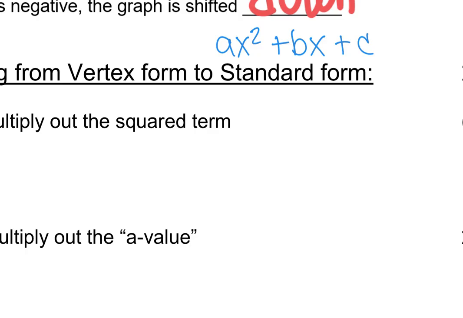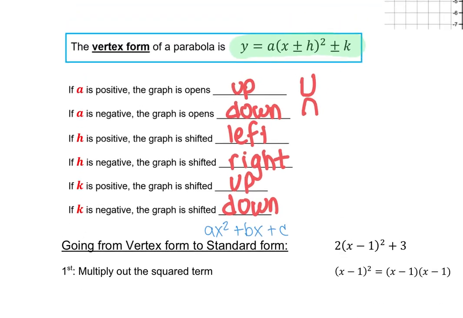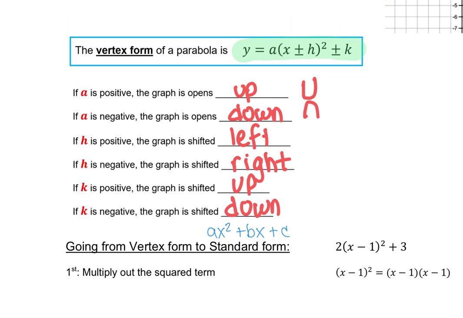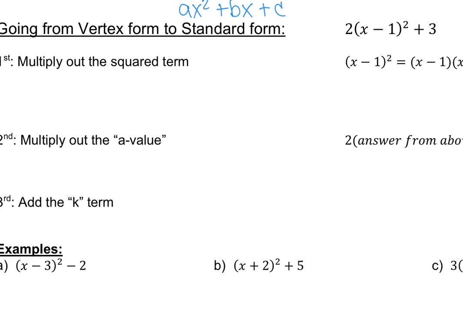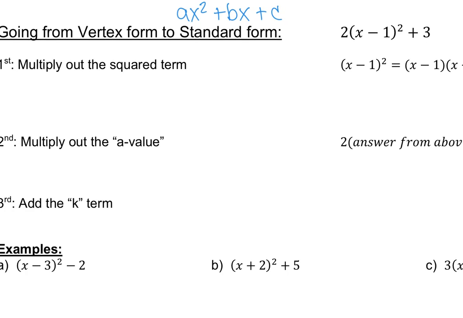So we're going to go from vertex form, which is what we just did up here. See this part that I highlighted in green? This is our vertex form. How can we take our vertex form and take it into our standard form? So we are going to do some algebra. So let's go ahead and do that right here. It gives us the steps.